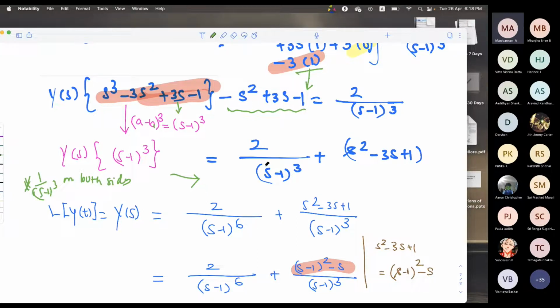So L of y of t is y of s, equal to 2 upon s minus 1 whole cube, it is 6 because of this 3, and s square minus 3s plus 1 divided by s minus 1 whole cube.